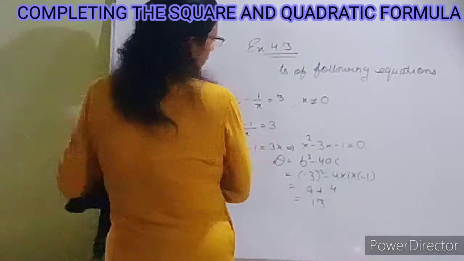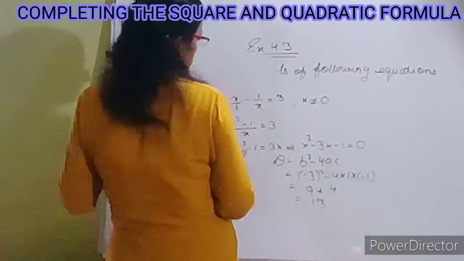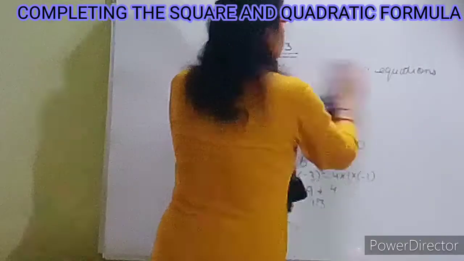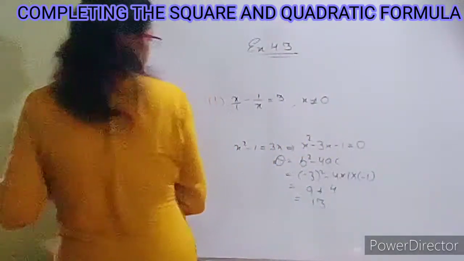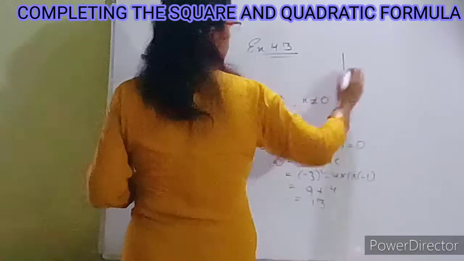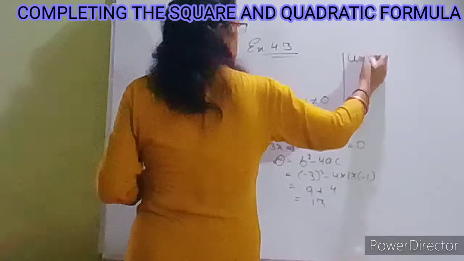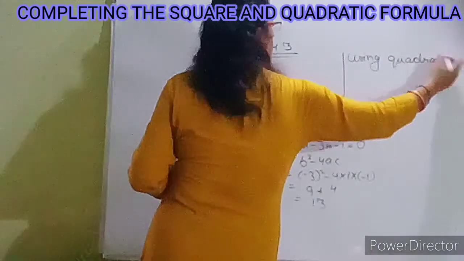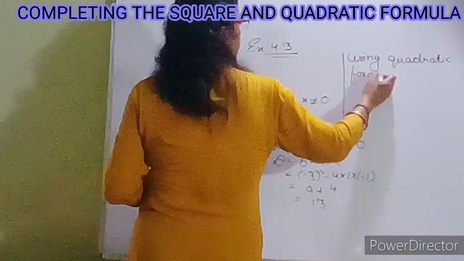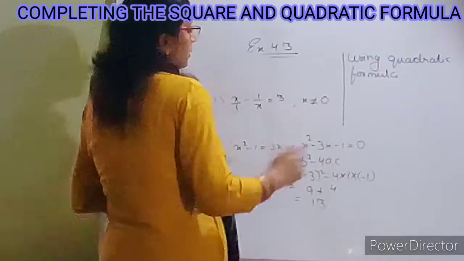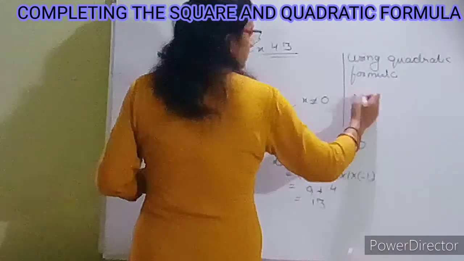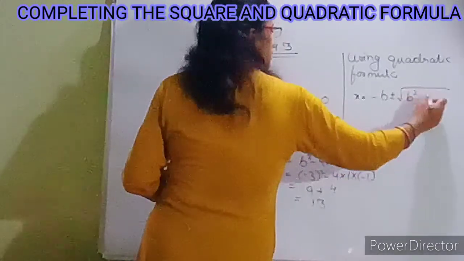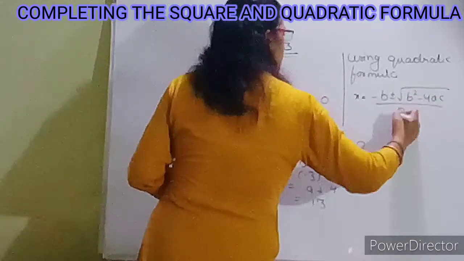So now let me find the roots of this equation. Okay, so this is the equation. So now what is the formula? Using quadratic formula, I am writing using quadratic formula. Okay, you have to write this statement in each and every question. So x is minus b plus minus root of b square minus 4ac, whole divided by 2a.